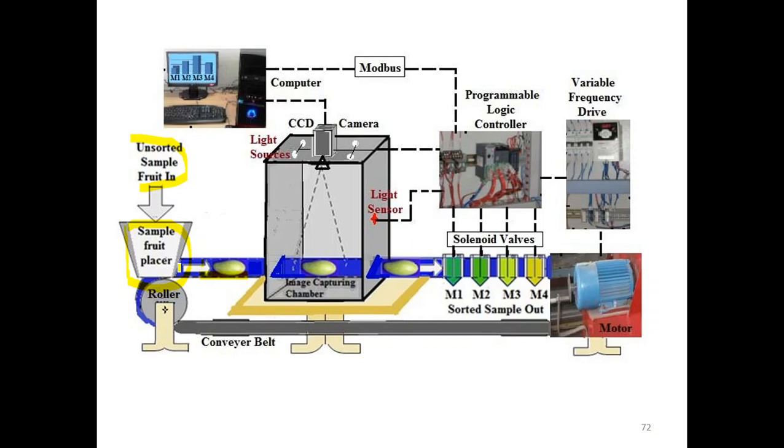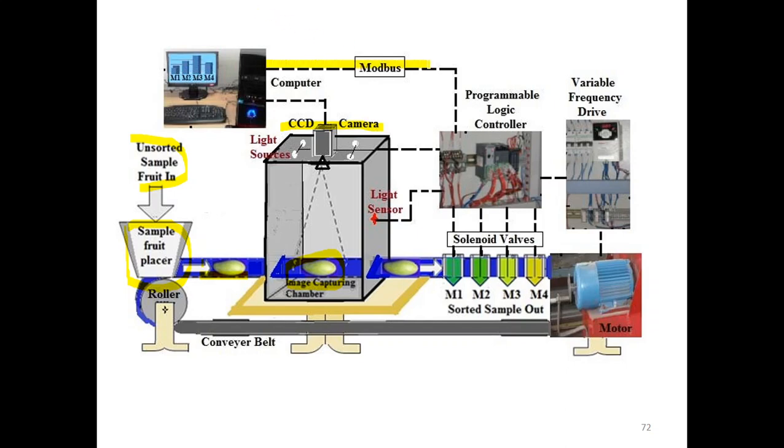They are put on the conveyor and delivered from the left-hand side to the right-hand side. During delivery, you can see they pass through a box we call a light box. In this light box, the image of the fruit is captured by this camera. And of course, it will process that and detect the quality.